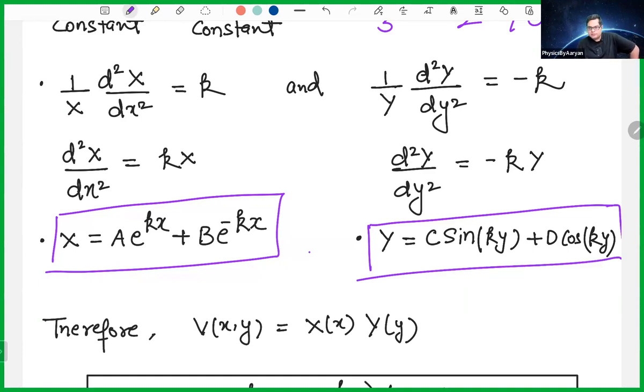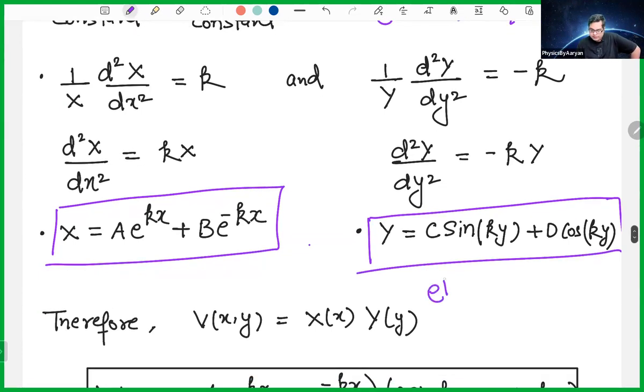Okay. Maybe in some solutions they will be writing iota ky or minus iota ky. That will also be equally true, because de Moivre's theorem says that e to the power iota theta can be written as cos theta plus iota sine theta. Okay. So this is my x and this is my y.